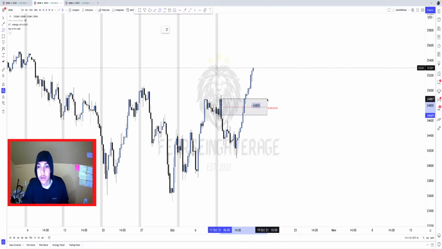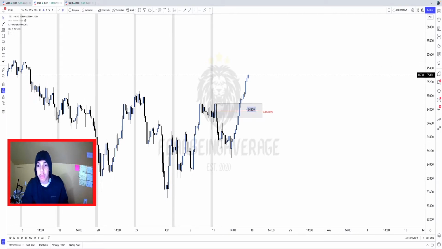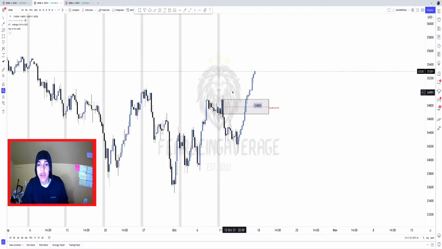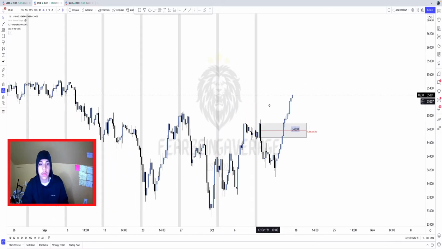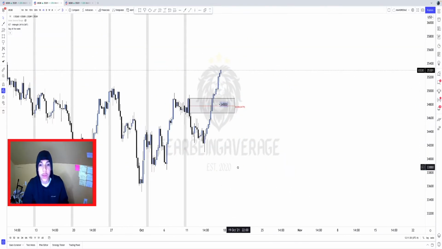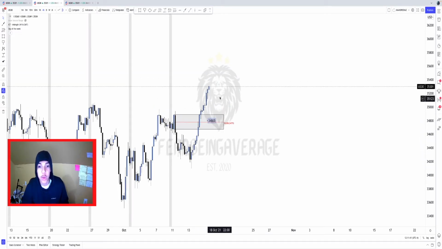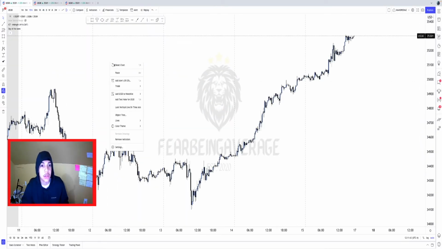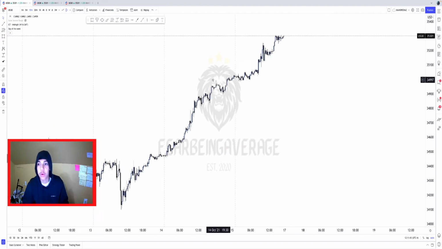So let's refine it also. Now we can refine that 34,800 to about 34,779, which is inside of a daily order block, a daily breaker block, and within this 4-hour breaker block also. So now, since we're anticipating price to continue higher throughout the week, we know where we are likely to wait for a retracement to. So let's move on to the lower time frame now, where we're going to frame our setup.